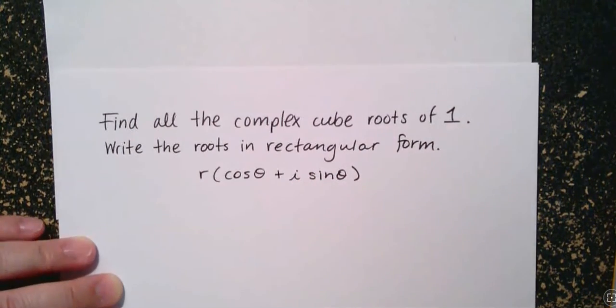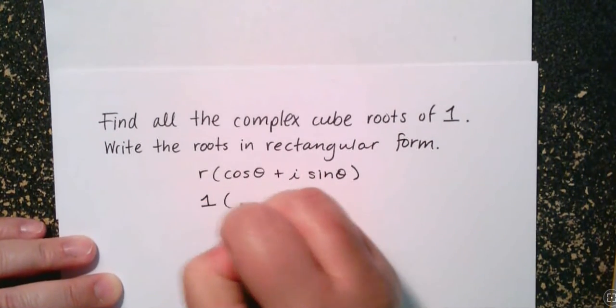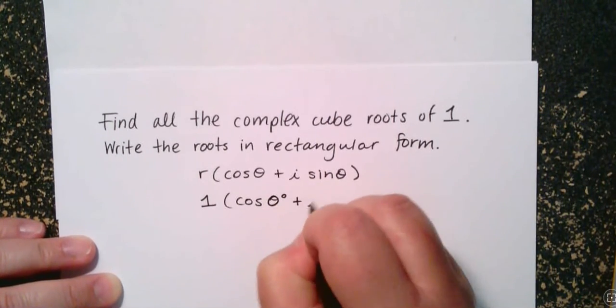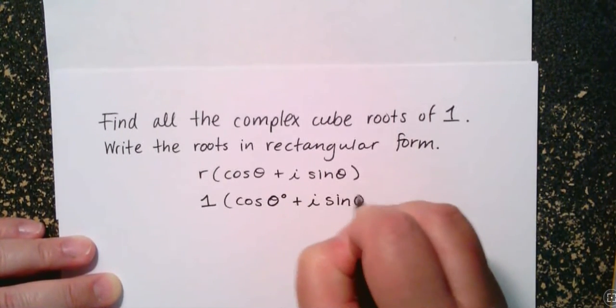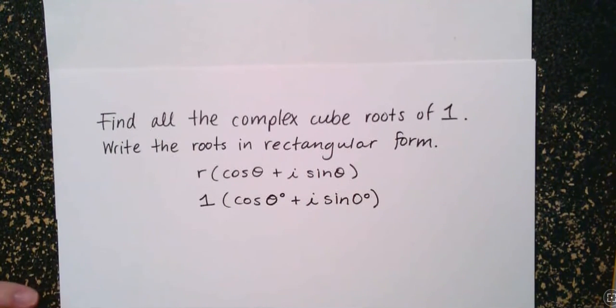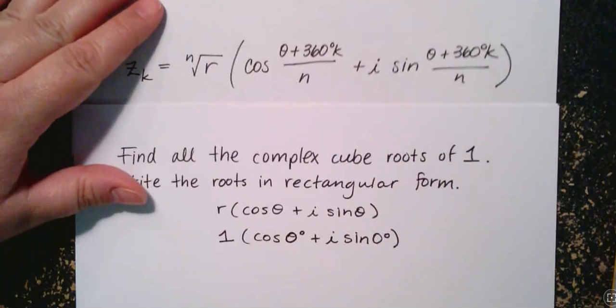So we just said the R is 1 and the theta is 0. Sorry, I accidentally wrote theta. That's a 0. So that's basically the number I'm starting with, and that's the number I'm going to apply this formula to.